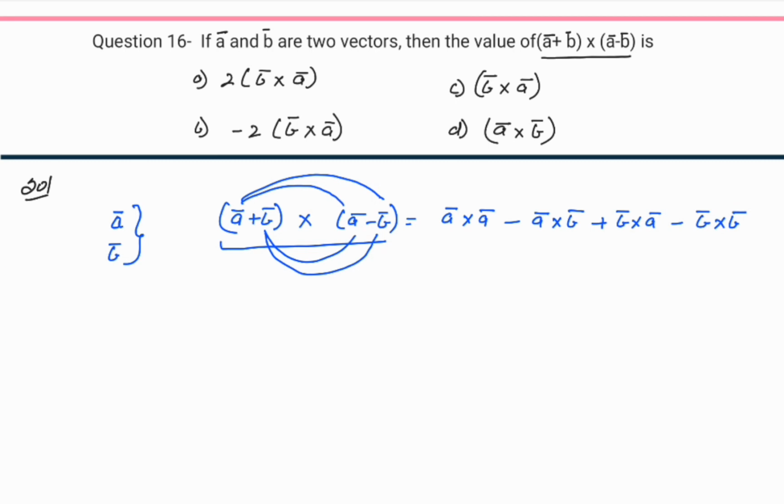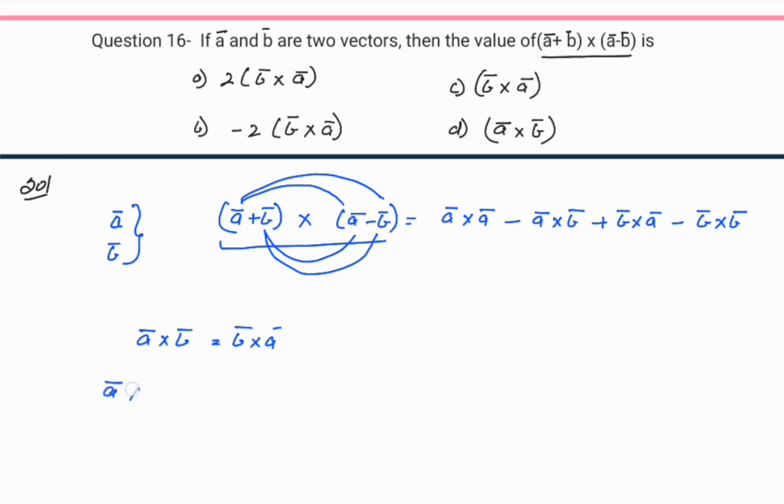Always remember the cross product is distributive, not commutative. Vector A cross B, you can't write like vector B cross A now. Either you need to write this, vector A cross vector B will be equal to minus vector B cross A. We know this. If you are changing the location, the minus sign you are going to get.